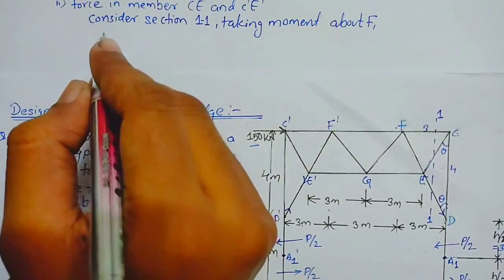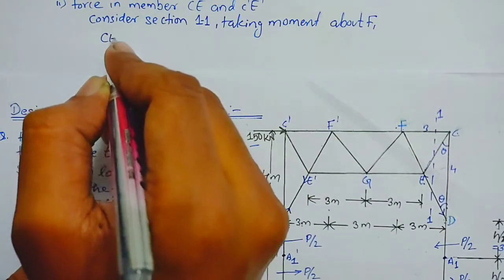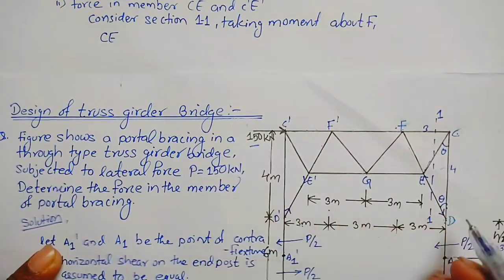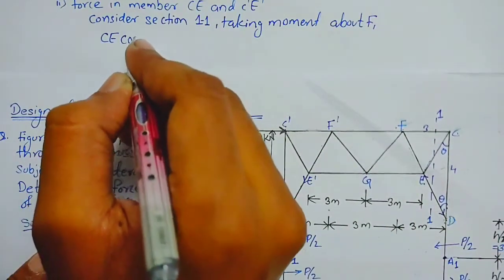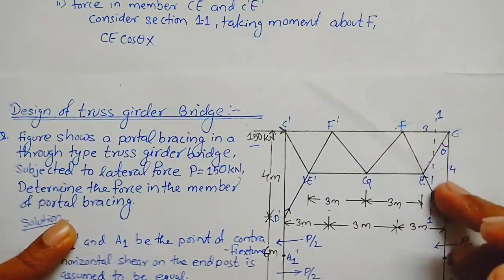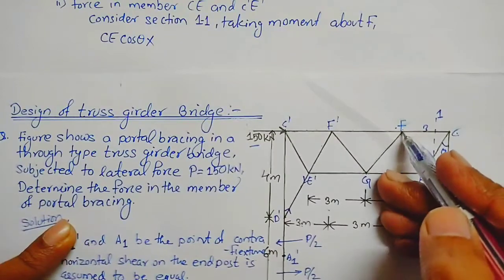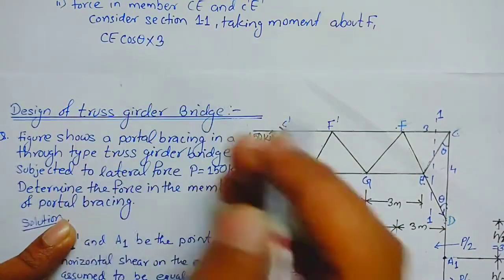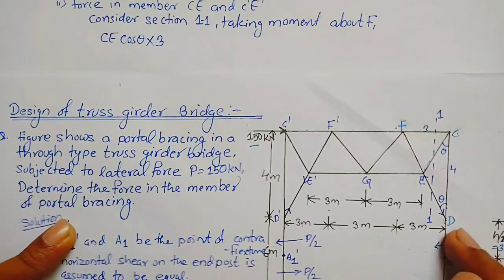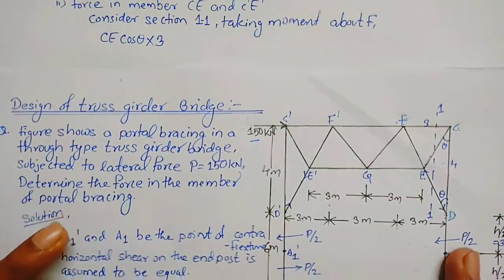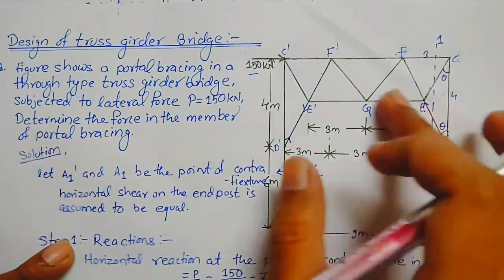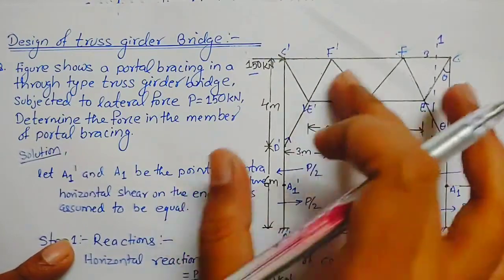So we can write CE, and taking the vertical direction with respect to this theta, CE cos theta, and the span of this force CE is 3 meter from this point F, so it is 3, and this is taking clockwise direction. This force P by 2 is also taking clockwise direction, but the vertical reaction at A is taking anti-clockwise direction, so the vertical reaction will be negative and this P by 2 will be positive.